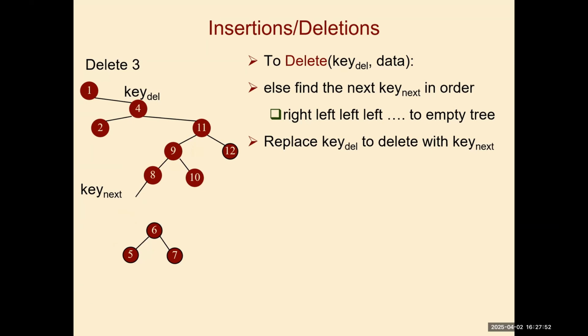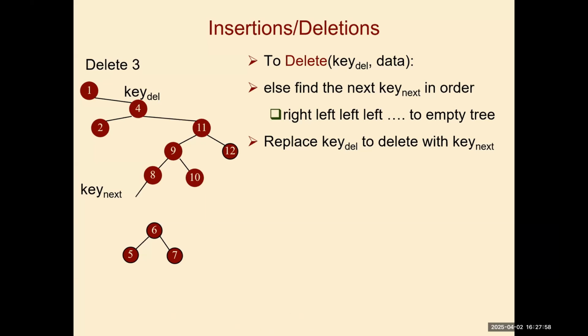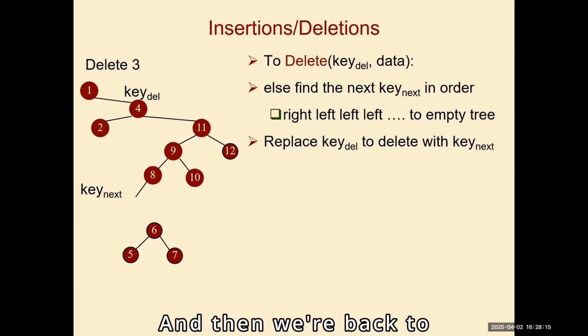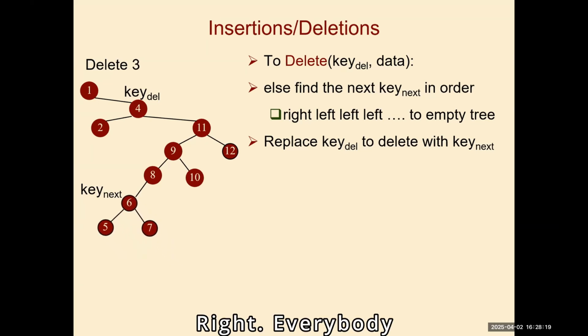The things on the left of the 3 aren't a problem because we made the 4 bigger. And for the things on the right of what was 3, 4 is the smallest of those. So it's okay that we put it at the top. Does that make sense? So that was legal. And then we're back to what do we do with 6? Everybody buy that?